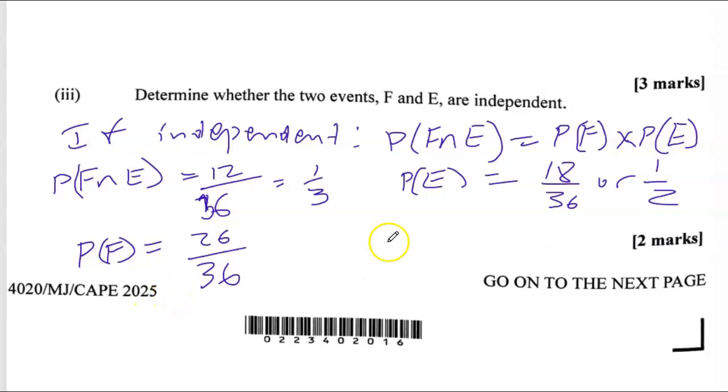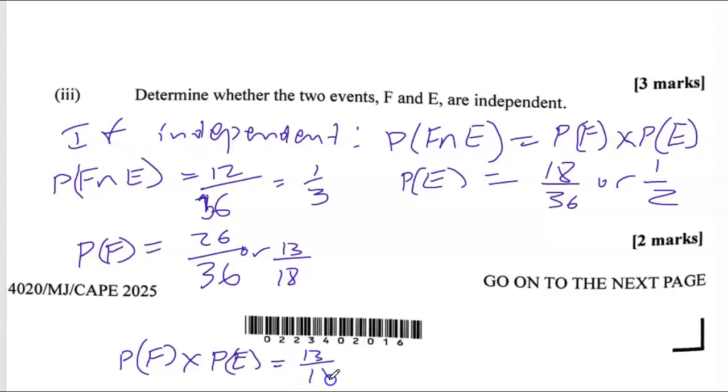Now let's calculate the probability of F times the probability of E. The probability of F is 26 over 36. This reduces, if I divide by 2, to 13 over 18. That's 13 over 18 times the probability of E, which is a half.